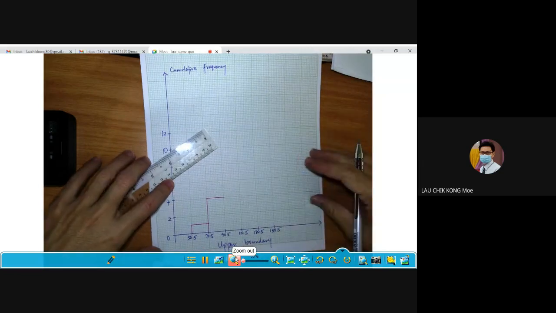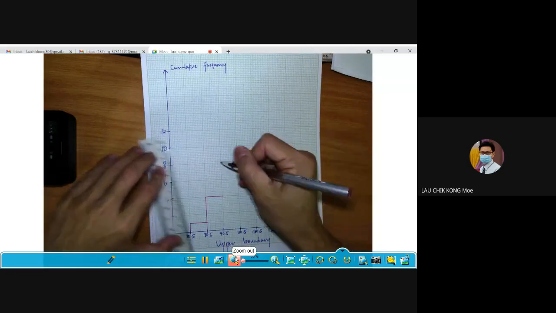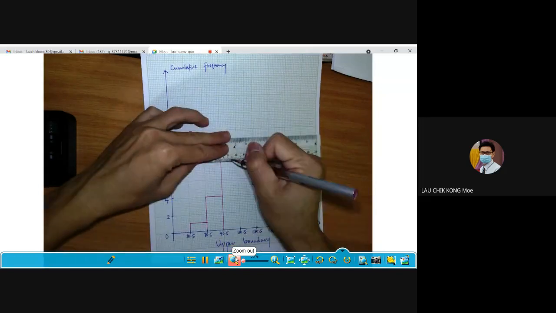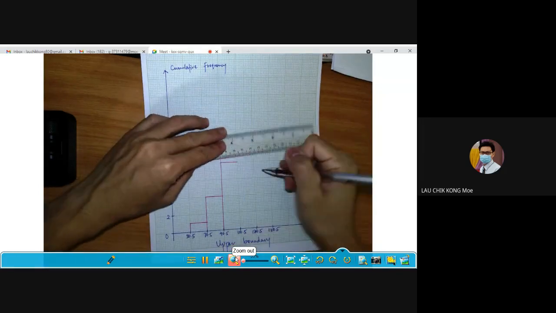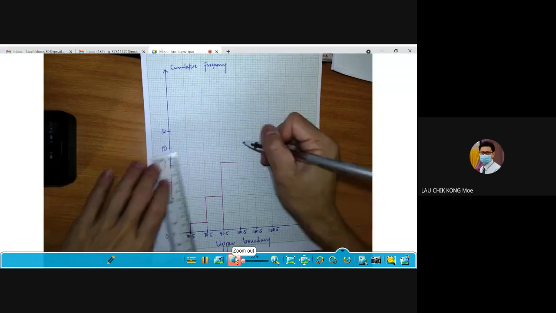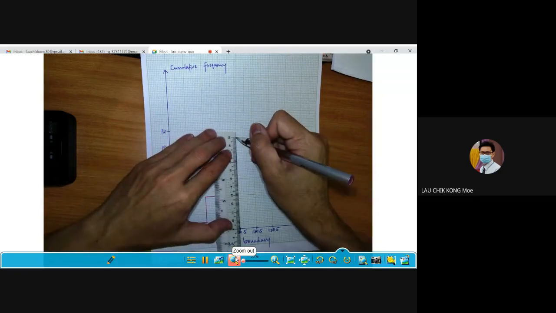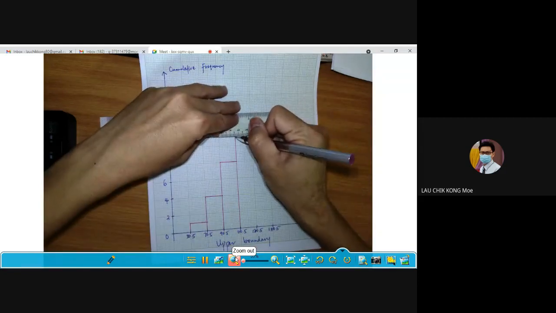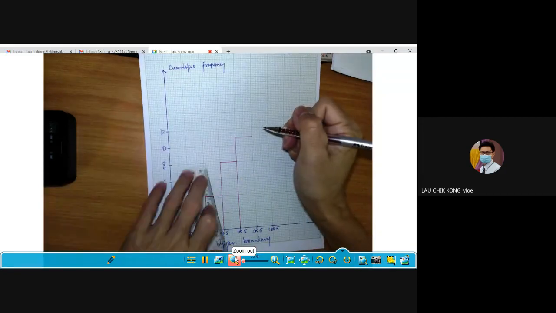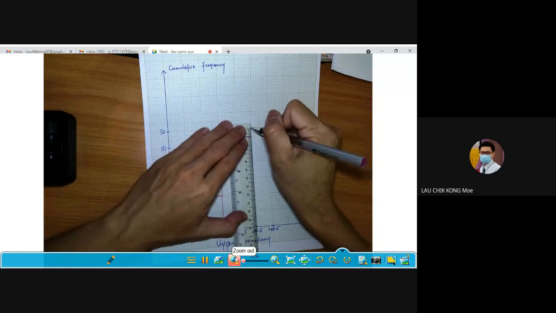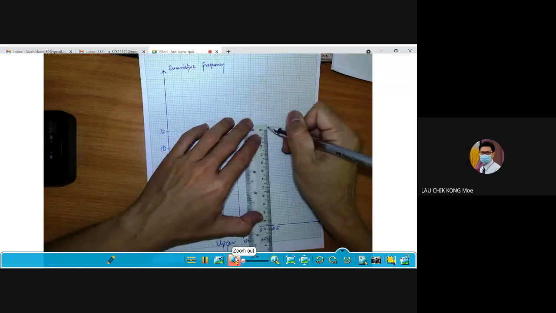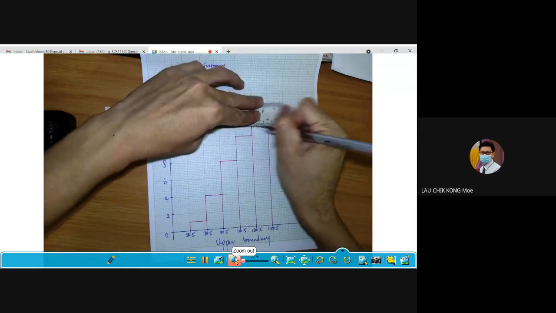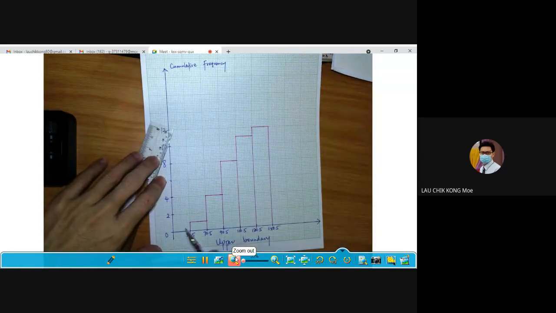Kita sekaligus 8. After 8 is 11. Okay, after 11, the last one is 12. Okay, ini boleh habiskan 12. So this is what we call the cumulative histogram.